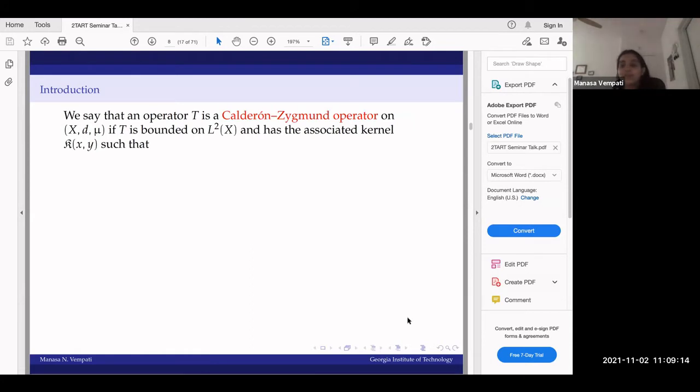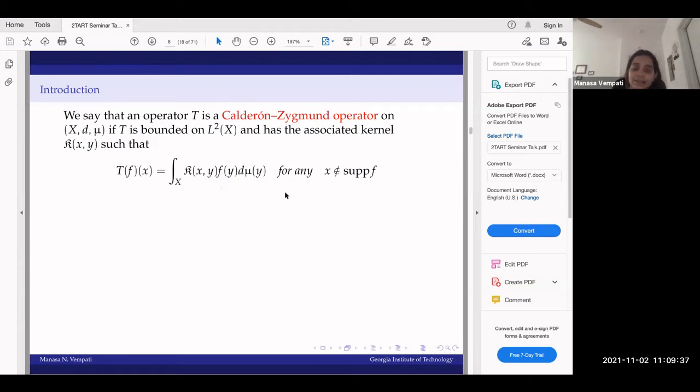So now I'm going to define what a Calderon-Zygmund operator is in the setting of a space of homogeneous type. We say an operator T is a Calderon-Zygmund operator on (X, d, mu) if T is bounded on L2 of X and has an associated kernel K(x, y) such that T has an integral representation in terms of this kernel.